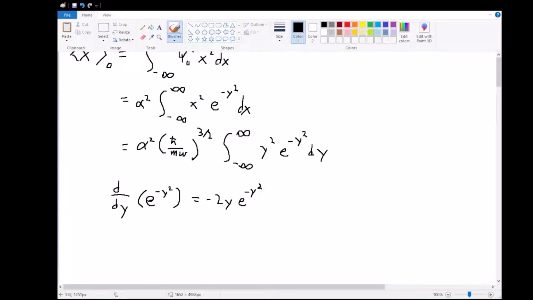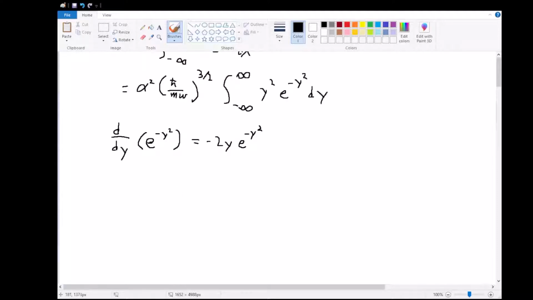I'm not going to add the dy here, but we can rearrange this and we get that y times e to the negative y squared is equal to negative 1/2 times d by dy of e to the negative y squared.